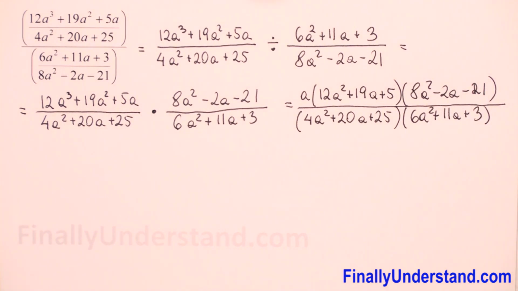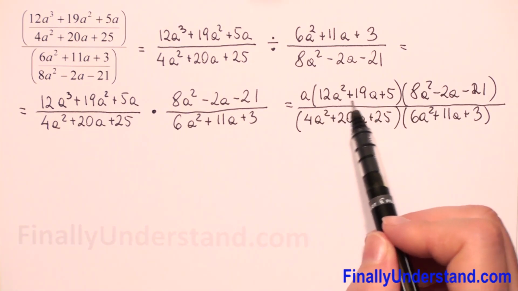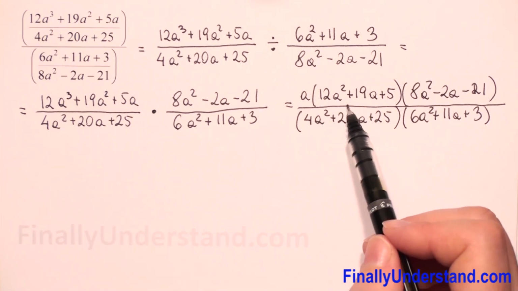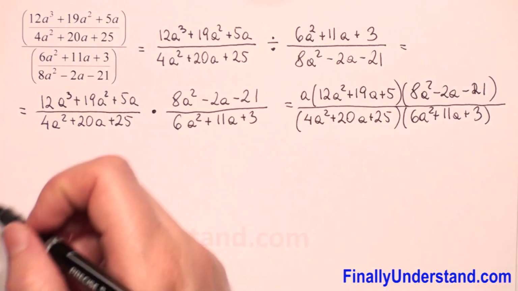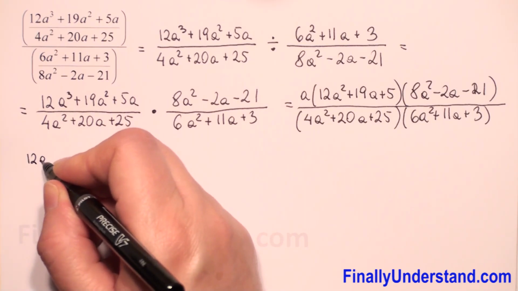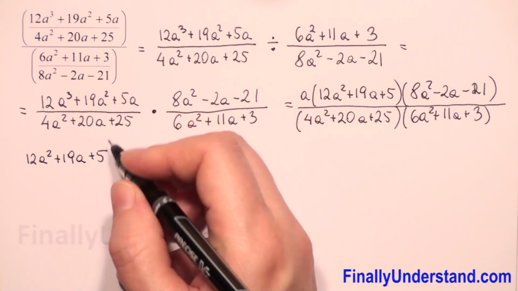At that moment we see that in the parentheses we have different expressions, so we have to try to factorize. We have a quadratic trinomial in the first parenthesis, so we will use the grouping method to factorize it. Let me copy this expression: 12a squared plus 19a plus 5.